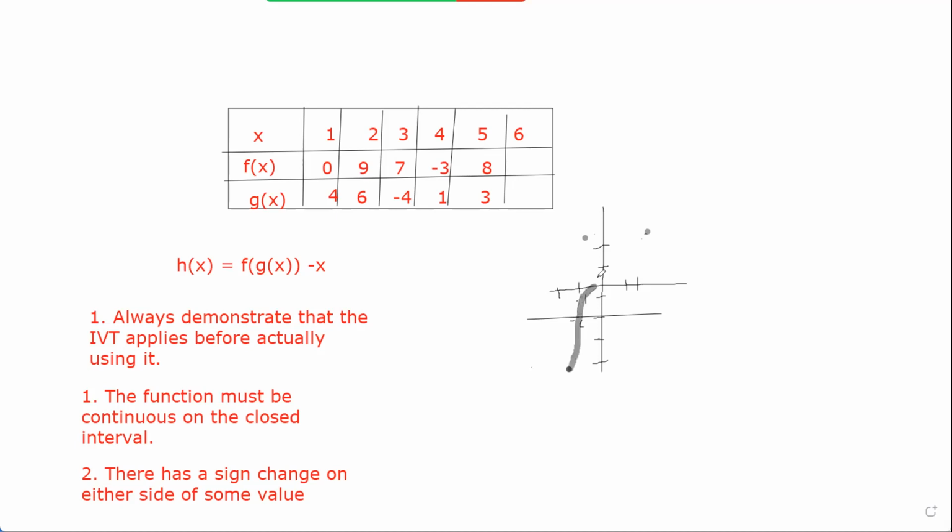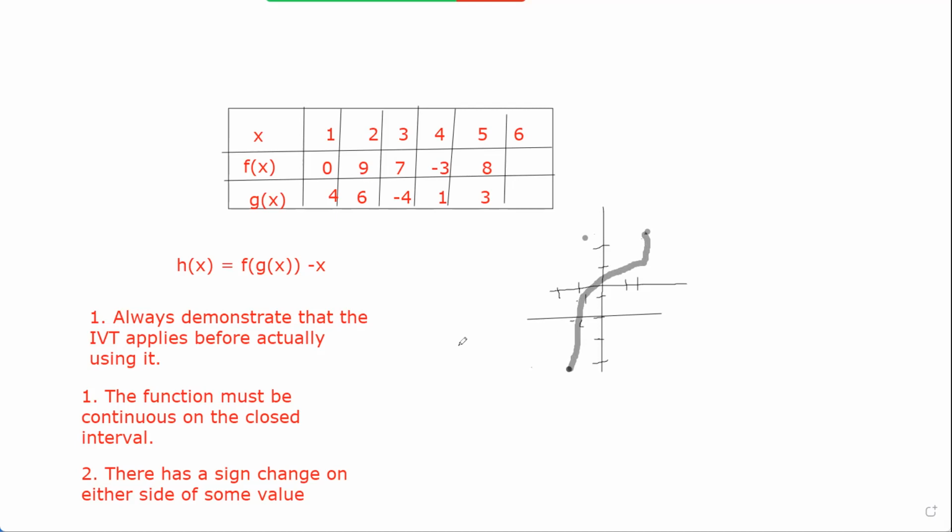I don't know what it does. But I do know that it's continuous. So what I want to know is there a value where it hits -2? Didn't ask me to find it this time. I don't have enough information to find it.